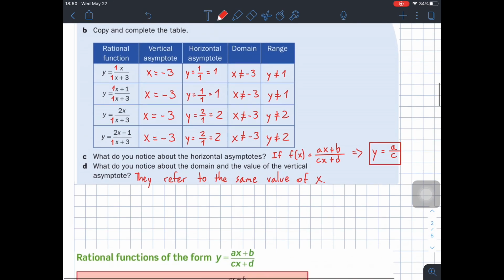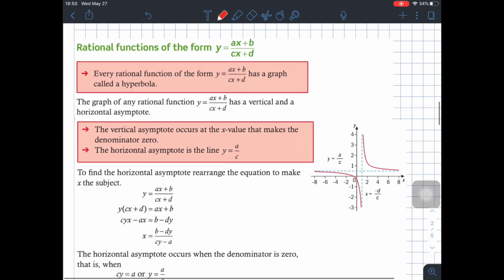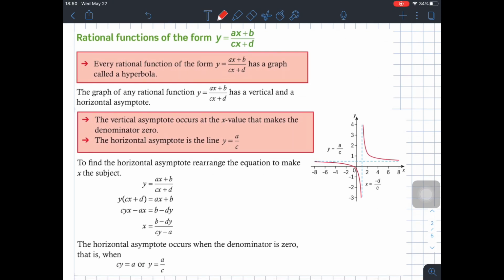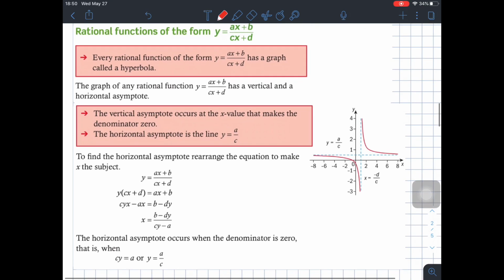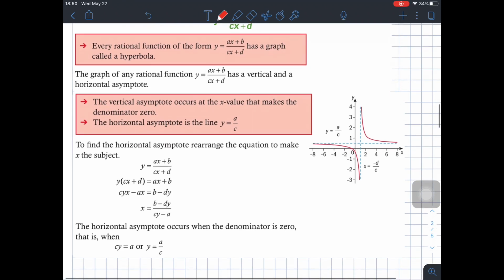Okay, so what we just did in the investigation is what we know as rational functions. So rational functions in the form y equals ax plus b divided by cx plus d. And it says every rational function of the form y equals ax plus b divided by cx plus d has a graph called a hyperbola, as we have seen already. The graph of any rational function y equals ax plus b divided by cx plus d has a vertical and a horizontal asymptote.